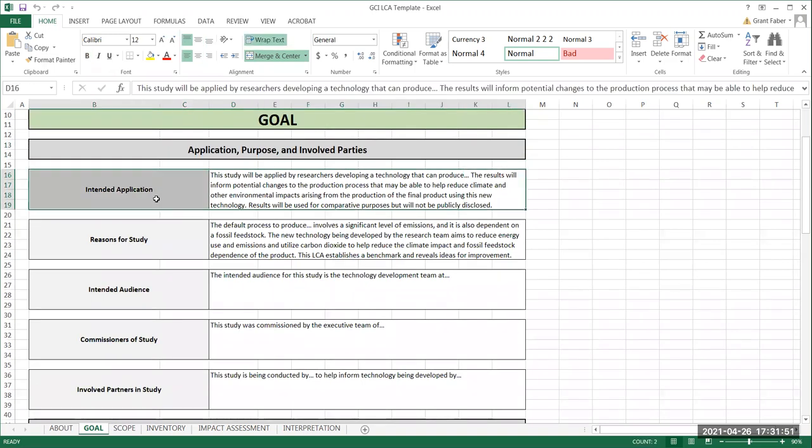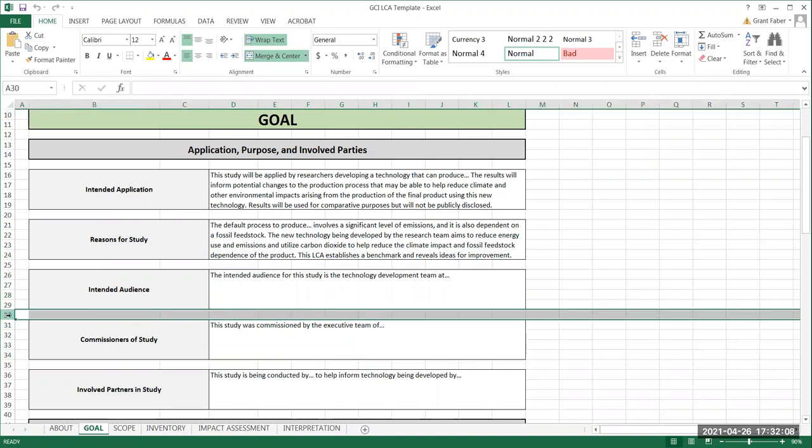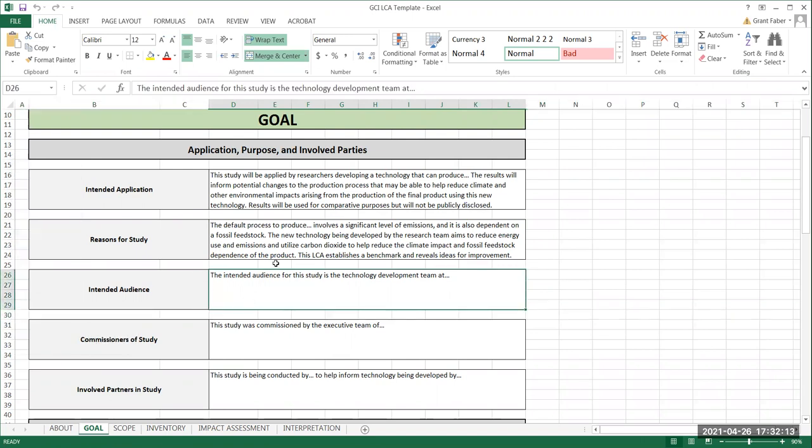And we have these boxes here, and again, this is potential expansion, but you may find that there's not enough room when you go to write up your thoughts, or when you go to write up what belongs in any of these particular boxes. It's easy enough to insert rows as needed, merge and center the boxes again, and just write more. The model is designed to be flexible in that way, so you can change things around, delete boxes as needed, and so forth to really make it work for you.